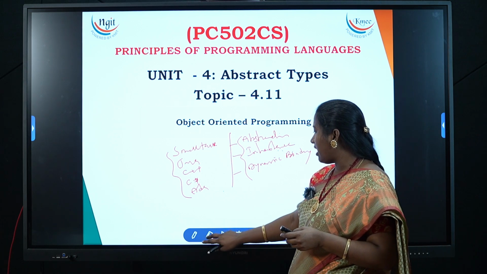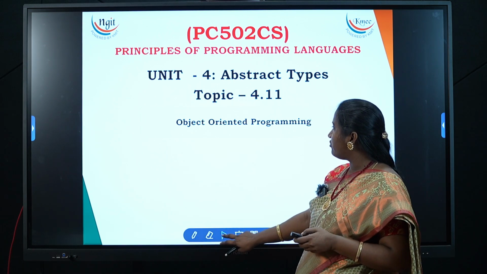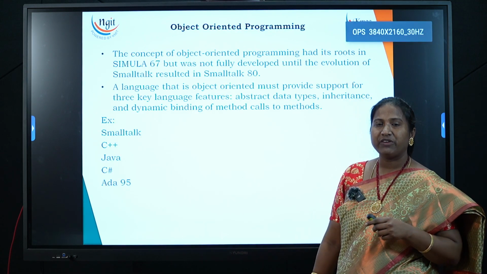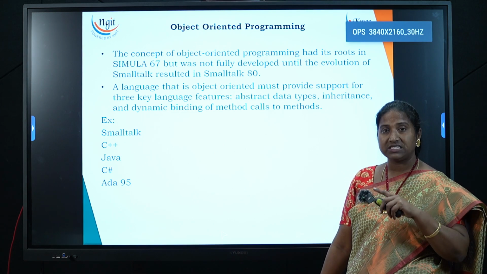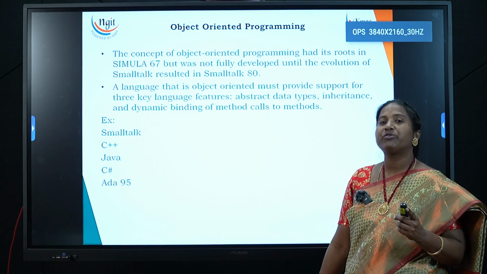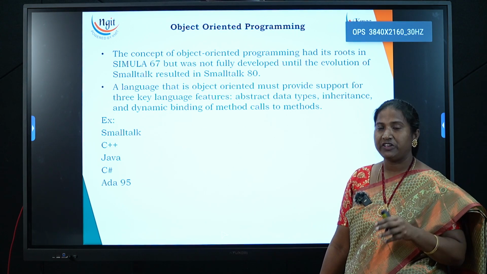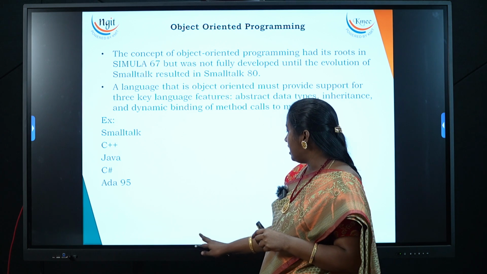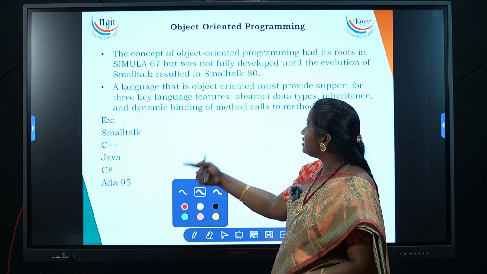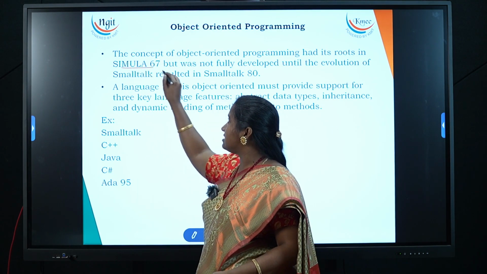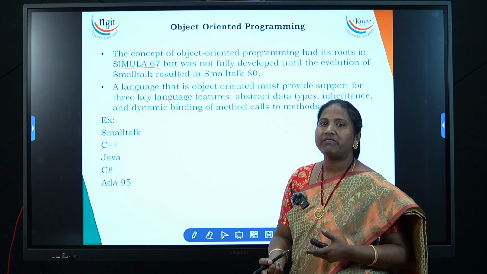It is not, because the roots of object-oriented programming we find in Simula 67. That is the first programming language where we find the roots of object-oriented features. So I have to say the first object-oriented programming language is Simula 67, but it was not a fully developed version.